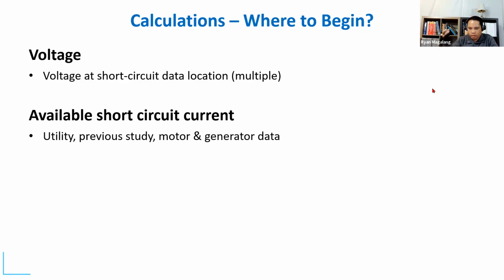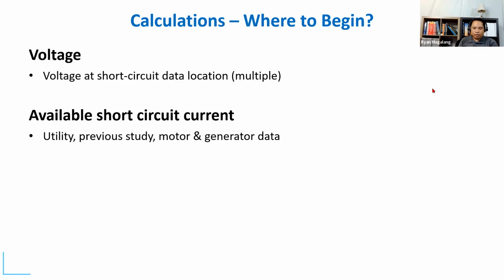So let's say you are conducting a short circuit analysis for your client. It's one of the first things that I would ask: do you have your utility fault data? When I do this, there's a form that I would submit to collect this information from the client, and then the client would reach out to the local utility to get this information.